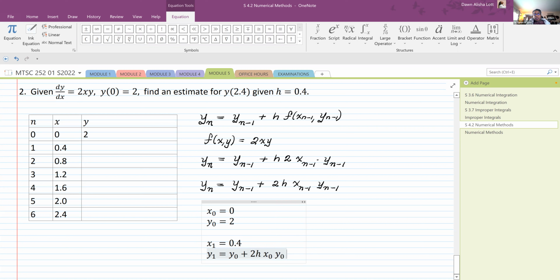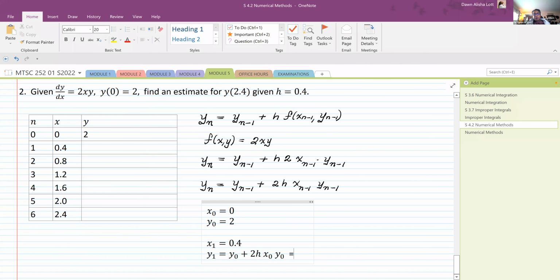So this turns out to equal y0 is 2 plus 2 times h is 0.4 times 0 times 2. So that just ends up being 2 again. Okay, so this is 2.